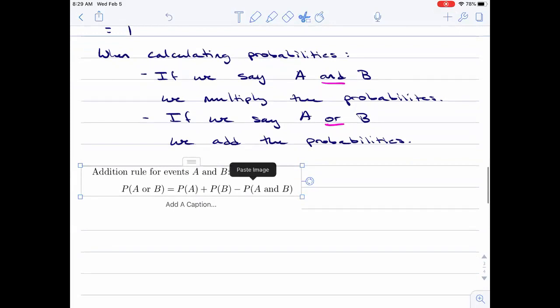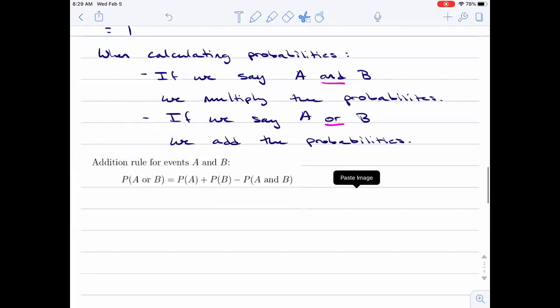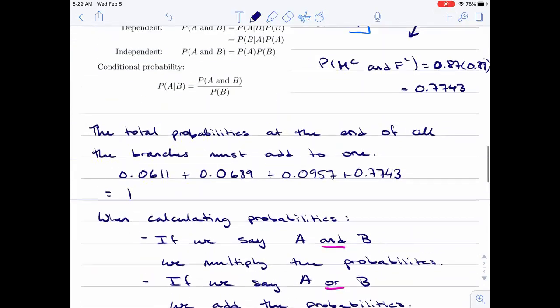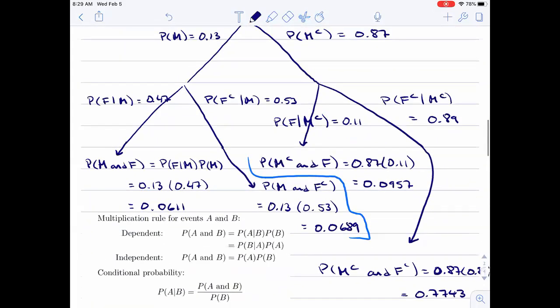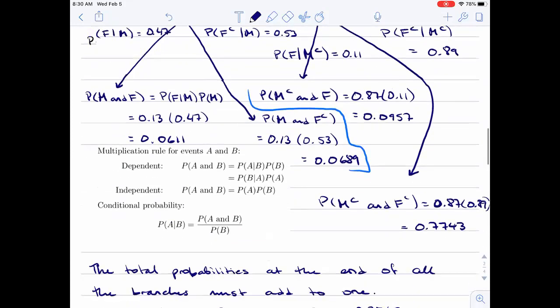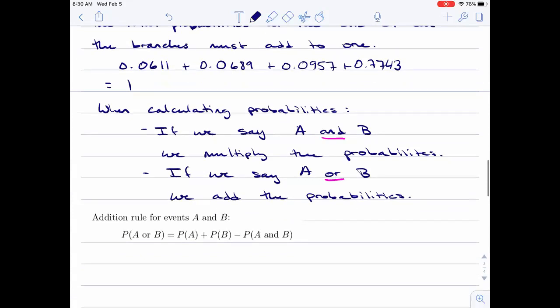We can see that we do have to subtract the overlap if there is any, but in this case, the branches are all going to be disjoint, right? And so that's why we can just add and add and add and add. There's no overlap. Nice. So I'd say those are the things to keep an eye out for.